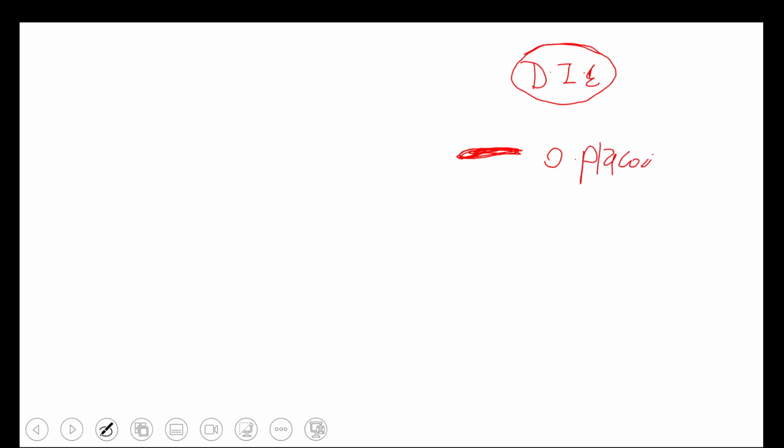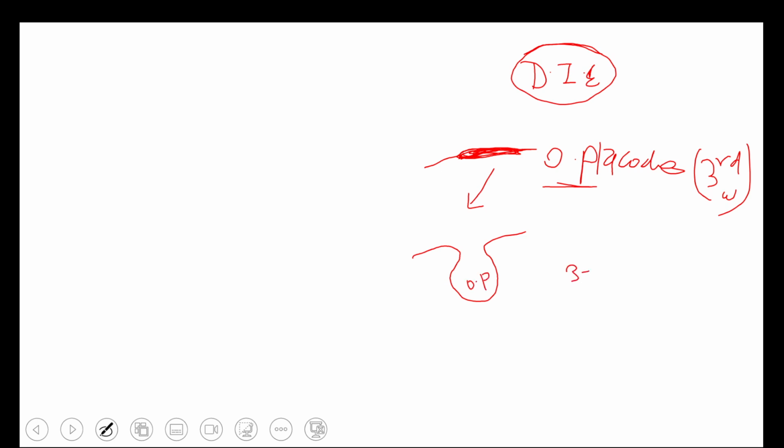This otic placode formation occurs during the third week of development, and the cells of the otic placode will invaginate. That invagination leads to the formation of the otic pit, which occurs during the third to fourth week of development.